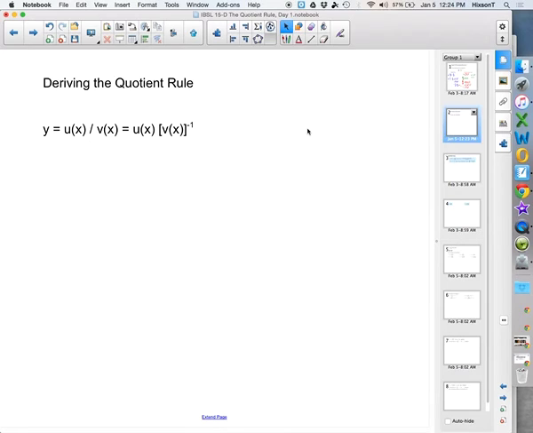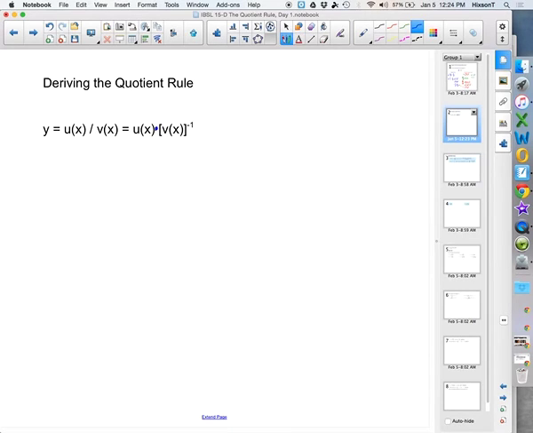So here's my quotient, I'm rewriting it as multiplication. Now, if I'm going to use the product rule, here I'm going to need to use the chain rule, right? So let's look at how this will work.